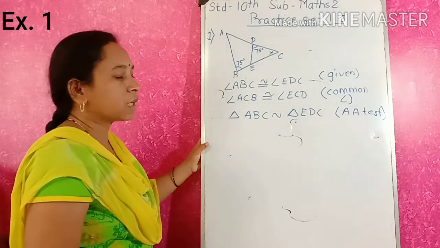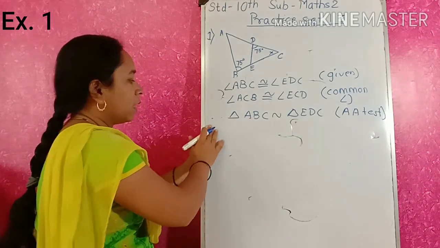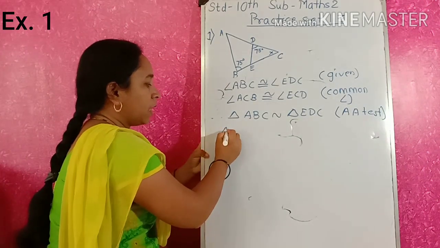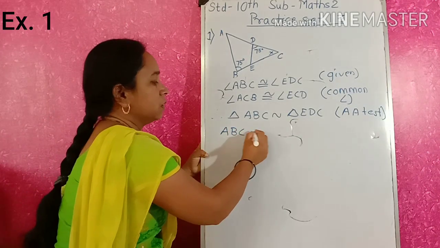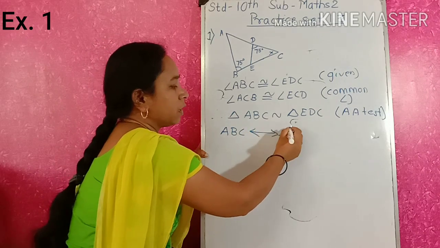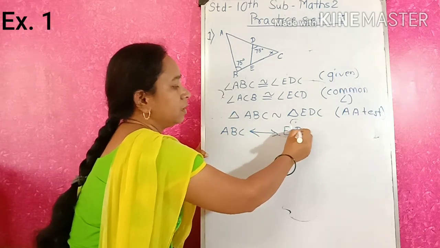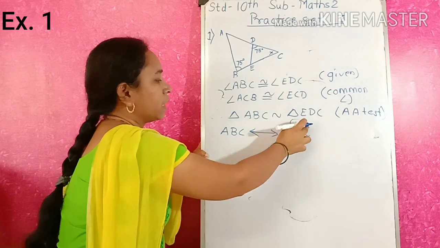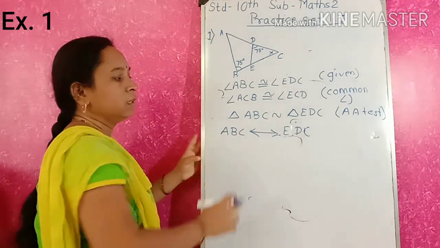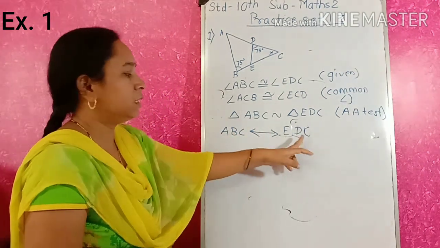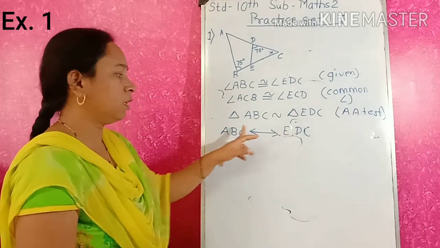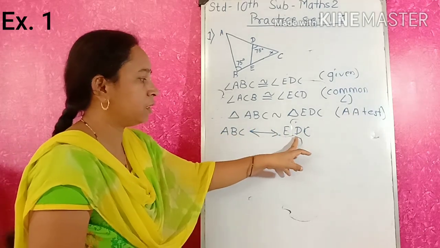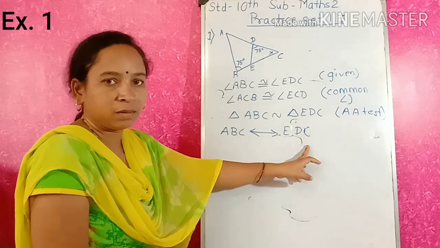These two triangles are similar by AA test, and what is their correspondence? All vertices of ABC correspond with EDC. A is corresponding with E, B is corresponding with D, and C is corresponding with C.